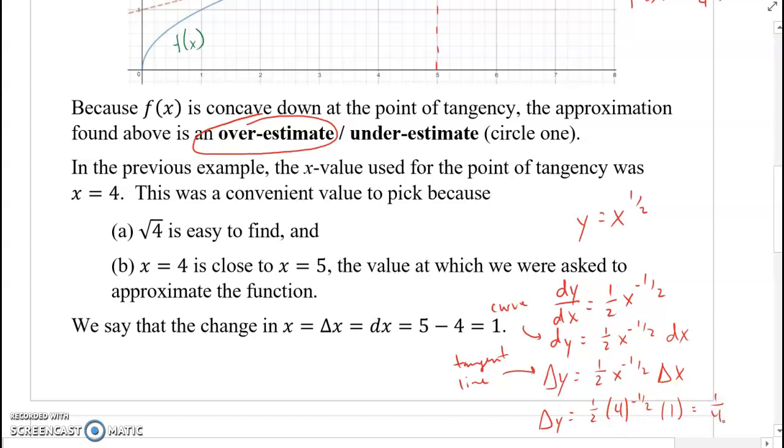So our old y value changed by 1/4. It went up by 1/4 because it's a positive 1/4. Our y value of 2, f of 4 equals 2, our original y value of 2 changed by 1/4. So our new y value is 2 plus 1/4, or 2.25.